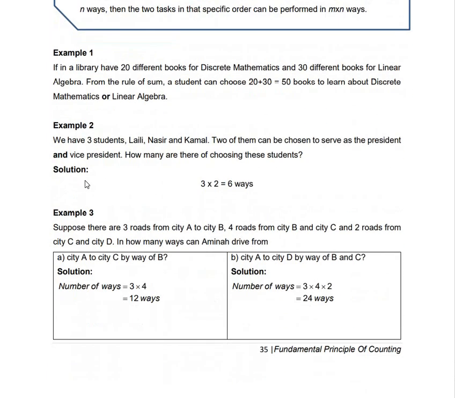Next, we have 3 students, which are Laili, Nasir and Kamal. 2 of them can be chosen to serve as president and vice president.